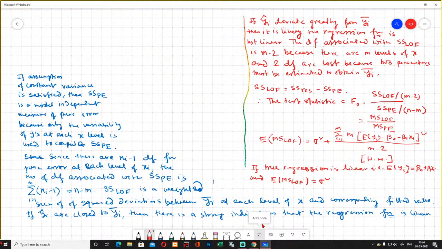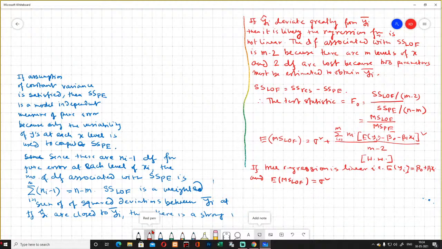And if the true regression is nonlinear, then the expectation of yi is not equal to beta naught plus beta 1 xi, and the expectation of MS due to lack of fit should be greater than sigma square.